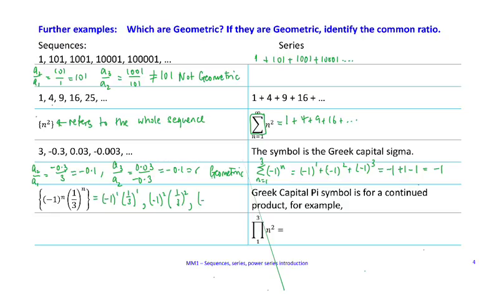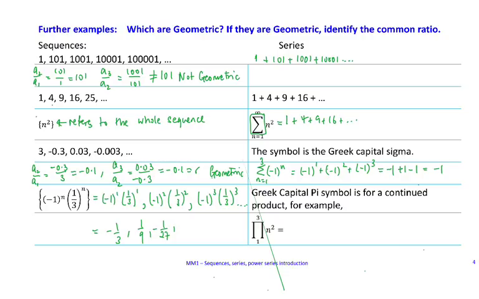Then we got minus 1 to the power of 3. And yes, you can have minuses in a sequence, etc. So if we work it out, minus 1/3, that one goes to a positive, so 1/9, negative 1/27.